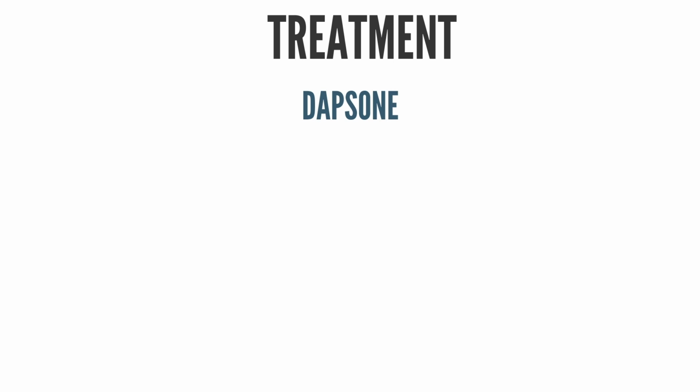Dapsone therapy for erythema elevatum diutinum has been given in doses ranging from 50 to 300 mg per day. A lower dose, 25 to 50 mg, is typically administered at the start of treatment. The dose is then titrated upwards dependent on the patient's tolerance and response to therapy. The usual adult dose is 100 mg per day. Benefit of dapsone may be dose dependent.